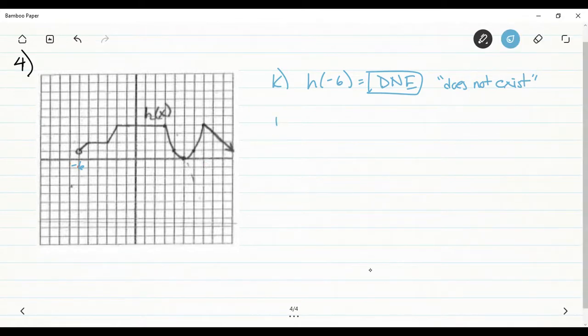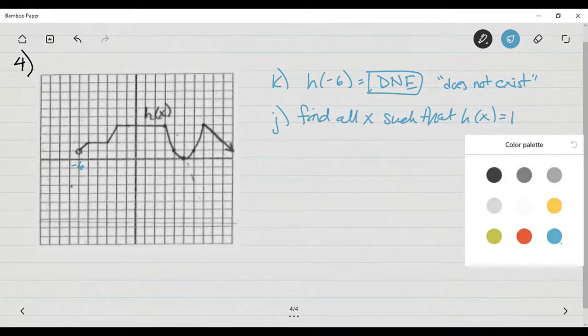For part J, we want to find all x such that h of x is equal to 1. Let's pick yellow.